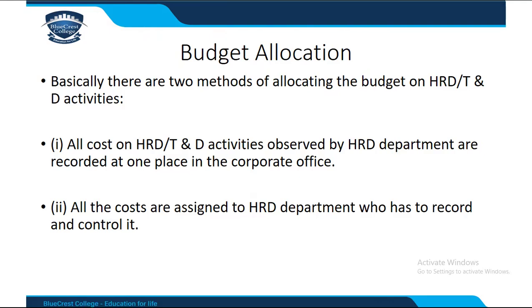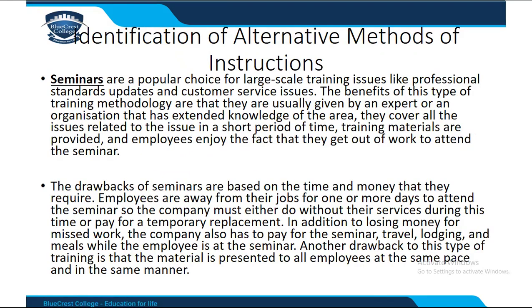Well, one has the control by the HR department themselves. They control the funds or budget allocation. And then for the other one, the budget allocation is done by the corporate office. Okay. So there are different methods of instruction, and we'll be looking at the various methods of instruction.